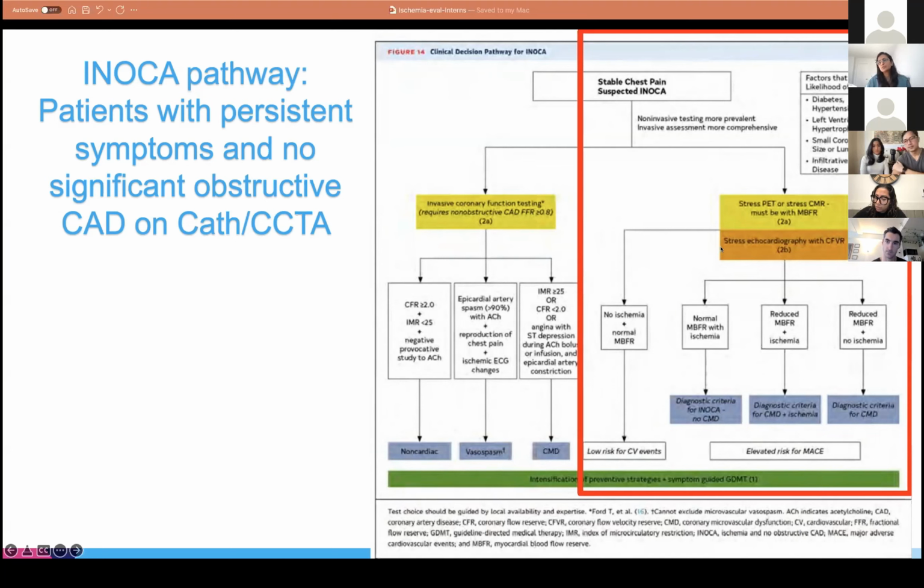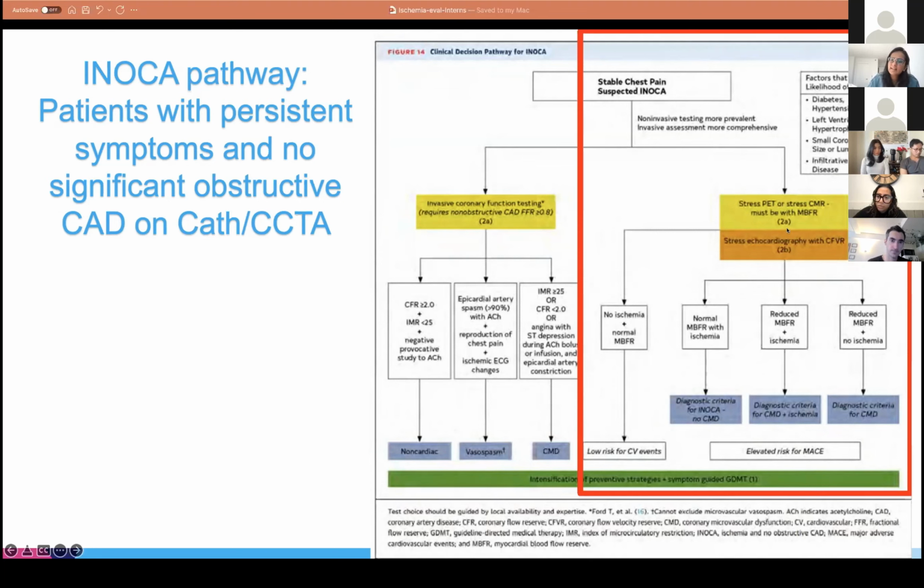The other thing you can do is a study which actually allows you to quantify the blood flow. So a stress PET nuclear test or a stress CMR with a specialized sequence. We have stress CMR, but we don't have the research sequence to measure flow. So currently at our hospital, these patients will probably be candidates for a stress PET nuclear.